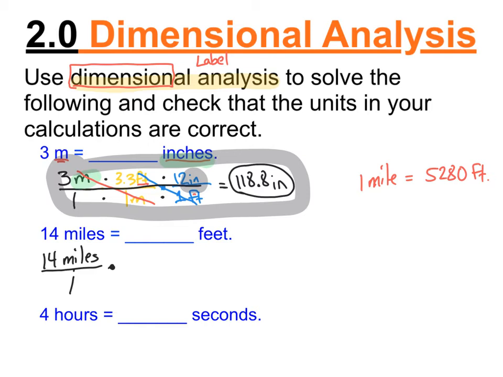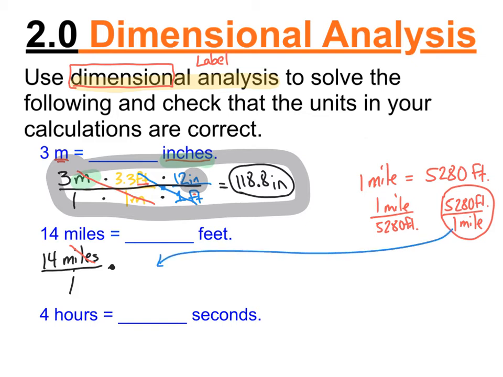So again, we have two options, option A or option B. One option is 1 mile over 5,280 feet, or 5,280 feet over 1 mile. You just pick which one is going to cross off with the miles, and that will be this one right here. So I'm going to bring that conversion over here and put it right there.